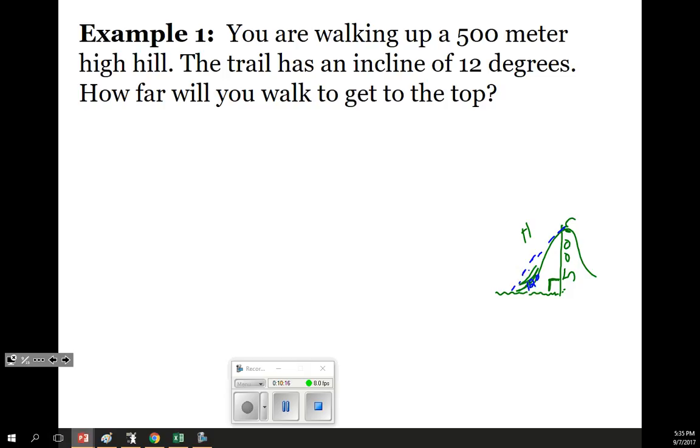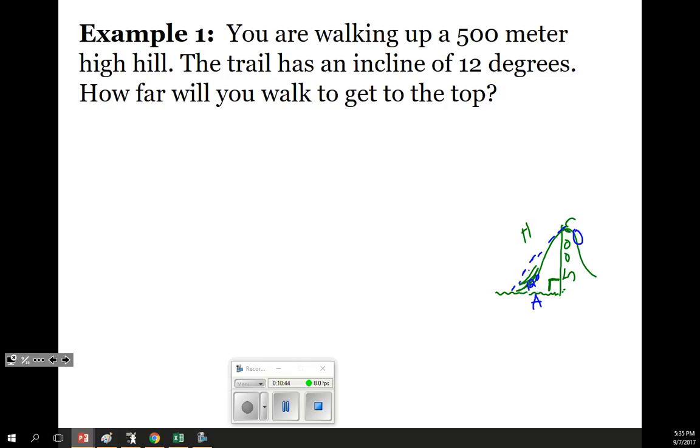So what that means is I have an adjacent side to the angle in question, and it makes a 90-degree angle with this 500 meters. So this is my adjacent, and this is my opposite, and that's how I figure that out. With that information, I can now look at one of those three formulas that you should have written down from our previous page.